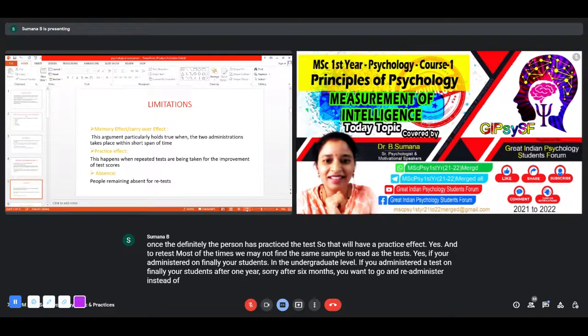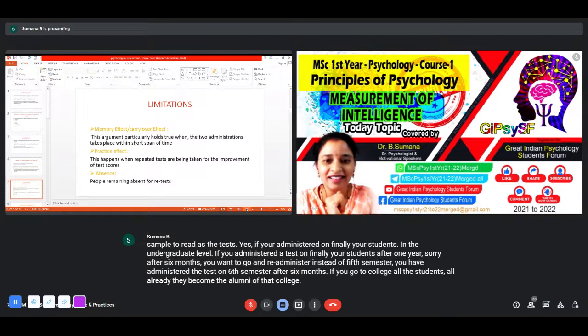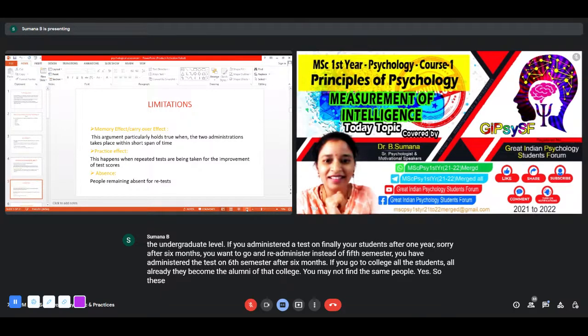Instead of fifth semester, you administered the test on sixth semester. After 6 months, if you go to college, all the students have already become alumni of that college. You may not find the same people. So these are the limitations of the test-retest reliability method.